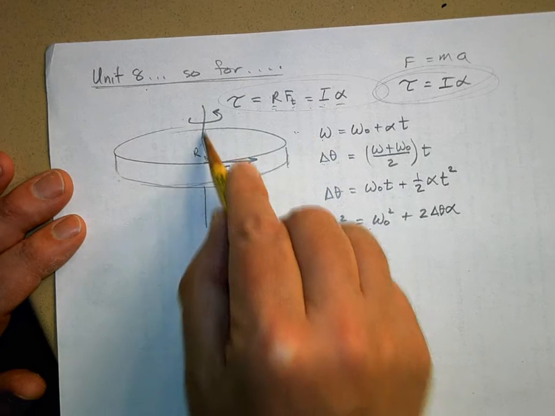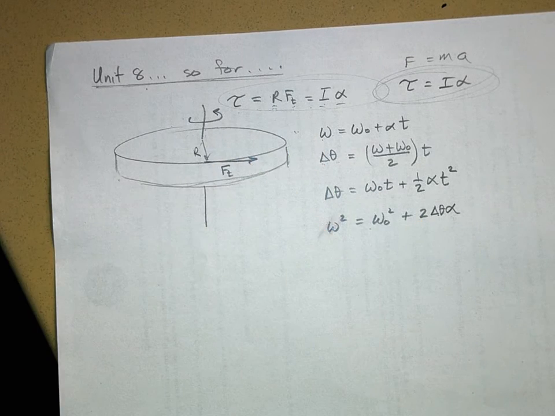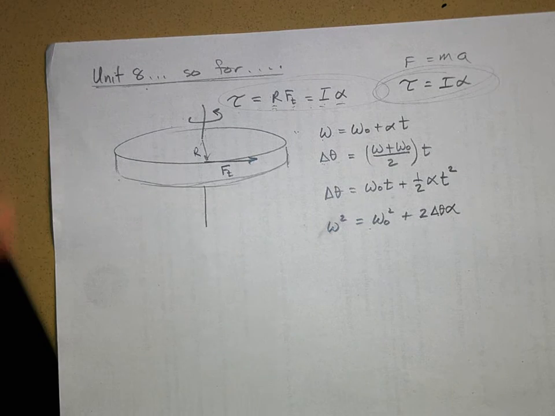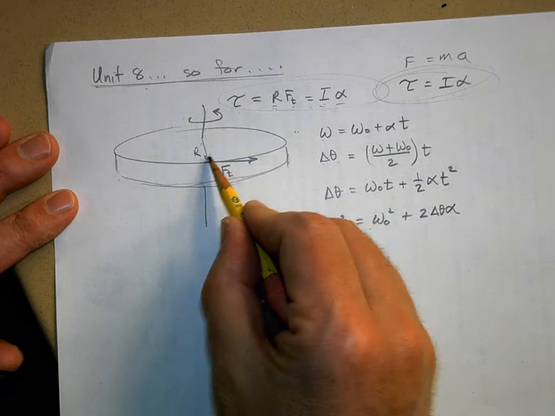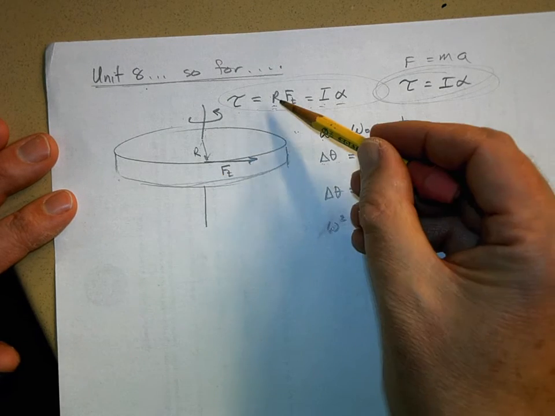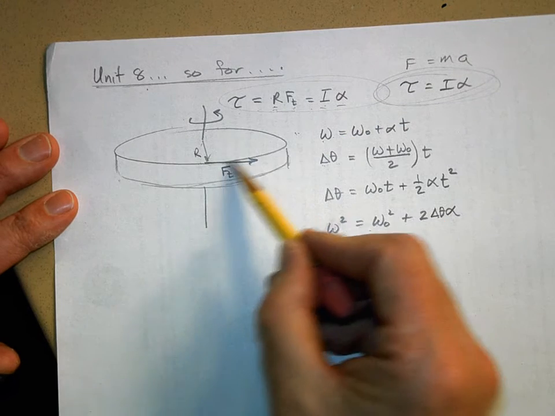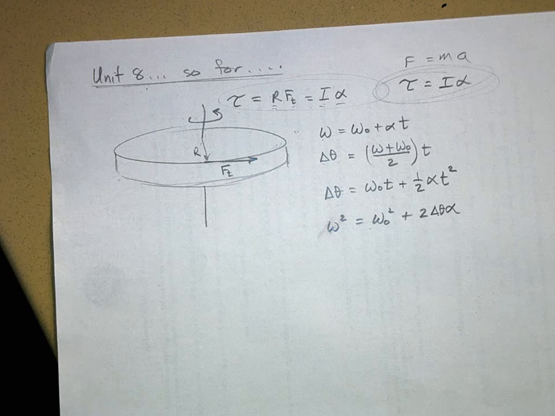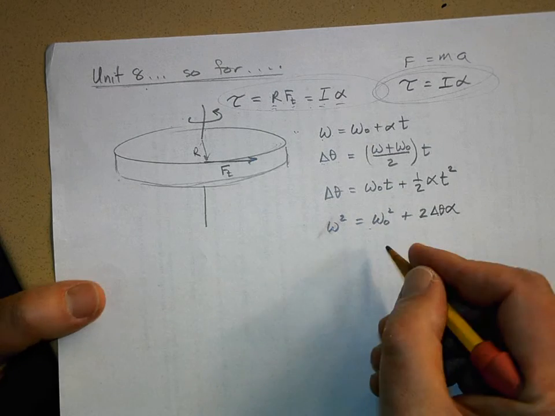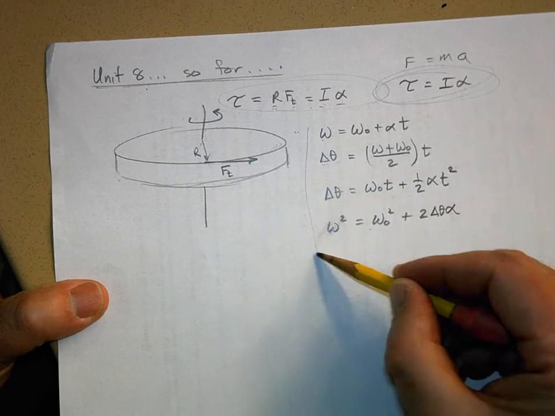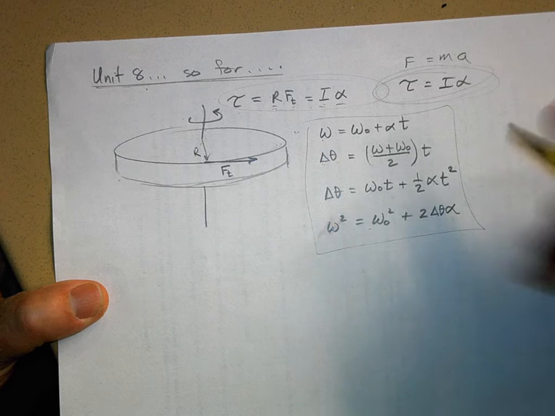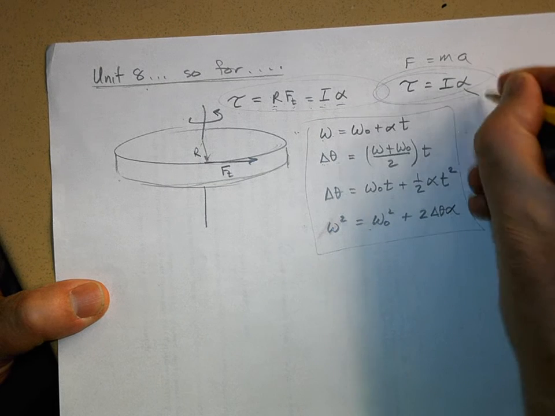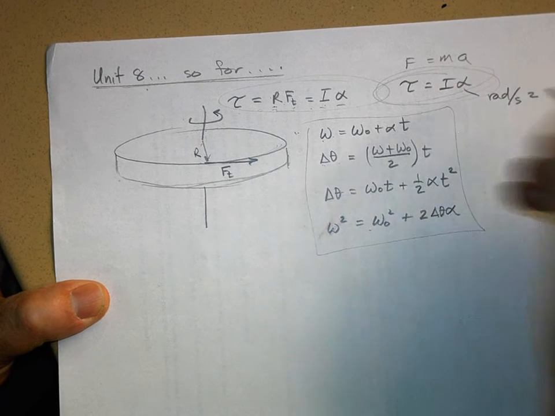This is the radius, and you can think of r as like meters per radian. You go around this many meters per radian of rotation. Okay, but anyway, you can use these for anything. So this is always in radians per second squared, always.